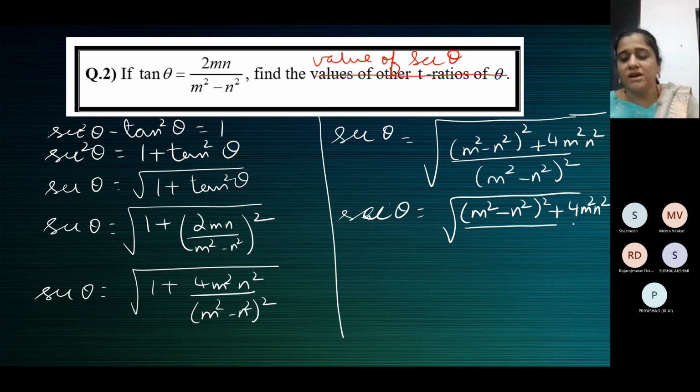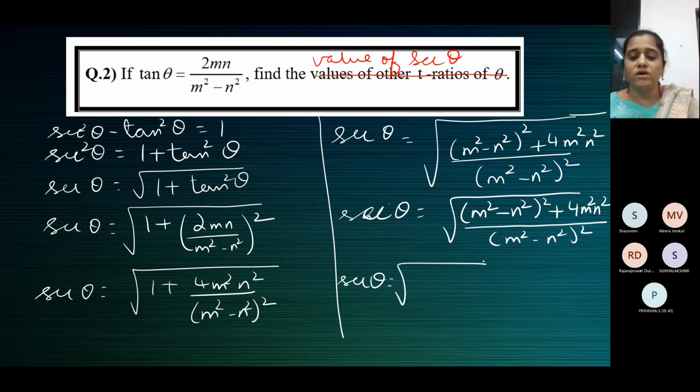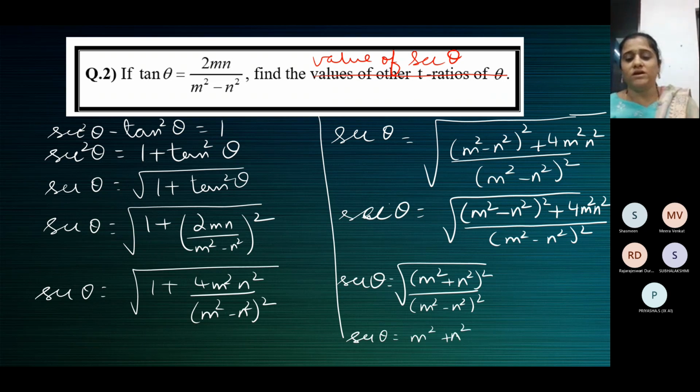Don't expand this. Write the denominator as it is. Do not expand the denominator because it's under the square root. It is equal to square root of a plus b whole square divided by m square minus n square the whole square. Now come out of the square root. So it will be m square plus n square divided by m square minus n square. Yes or no, children?